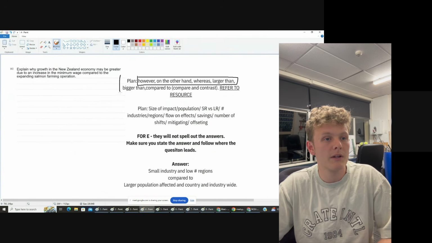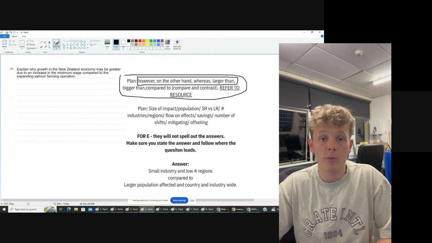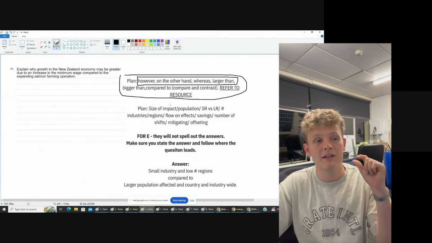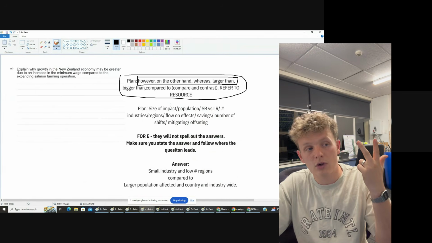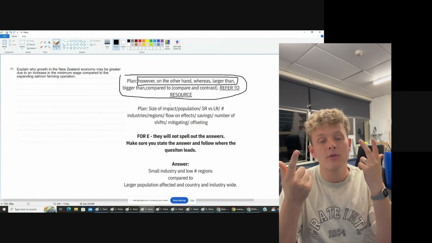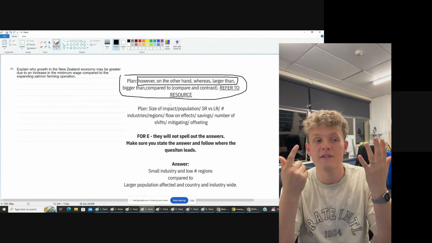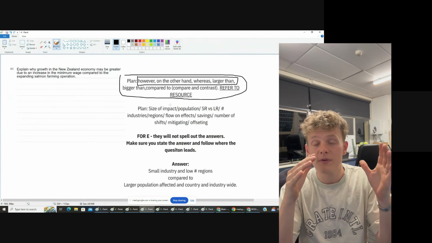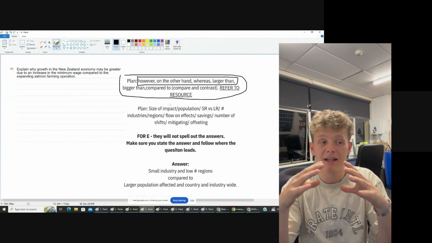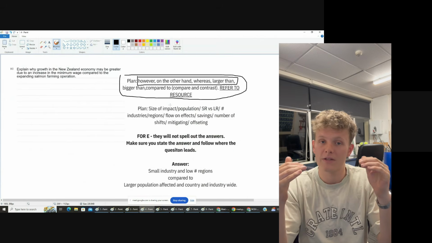We're going to refer to the resource. When we're comparing, we can think about the size of the impact, the population, short run versus long run, number of industries, number of regions, different flow-on effects, effect on savings, the number of curve shifts, and if the shifts are mitigating each other. There's lots of different aspects to think about.